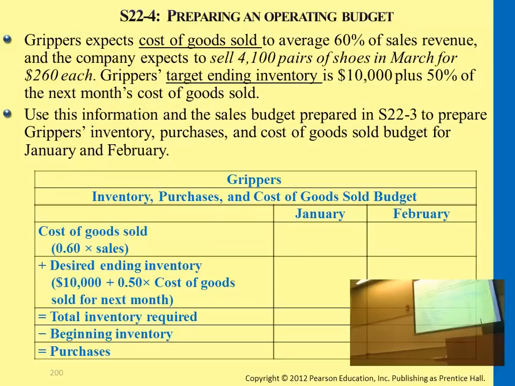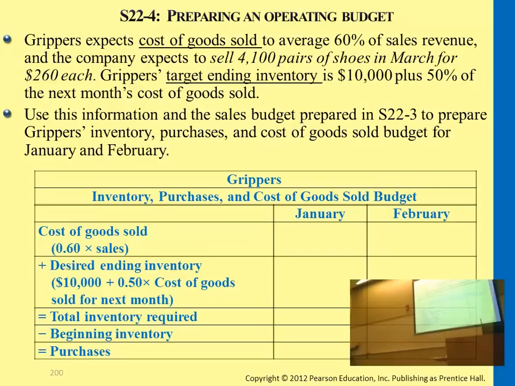Okay, first of all, to complete this table, we need to get the first line, cost of goods sold for each and every month, which is needed for calculating ending inventory, and later on to find the replenishment, the purchases inventory value. So we start from cost of goods sold by using previous tables, sales revenue for January and February, to get the estimated cost of goods sold.